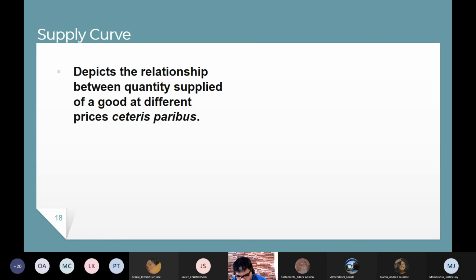Given a normal good, as the price of the good rises, the quantity supplied rises as well. Wow. So habang tumataas yung presyo ng good, dapat tumataas din yung quantity supplied as well. So syempre, marami kang goods, kailangan marami kang supply. Hindi pwede dumadami yung presyo ng goods mo, mas konti ipoproduce mo or isusupply mo. You have to match it.